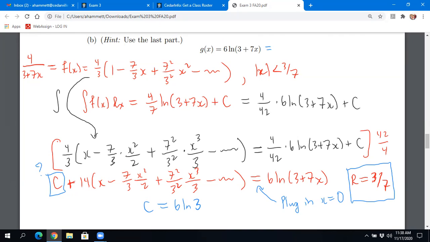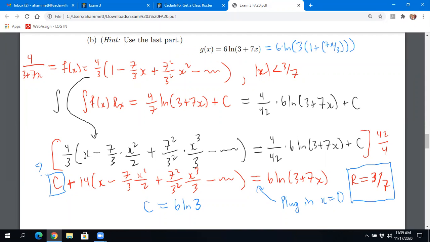You say that this is 6 times the natural log of 3 times 1 plus 7x over 3.